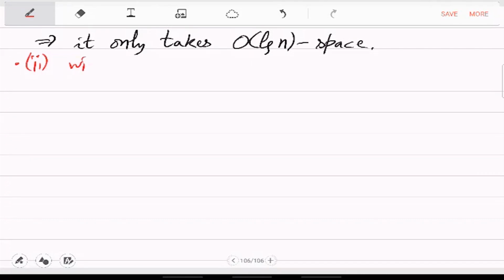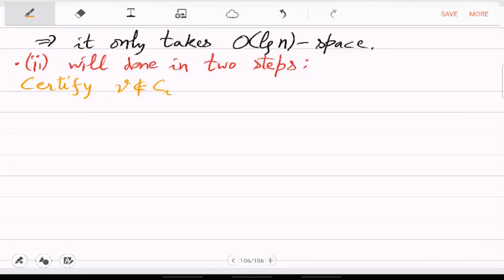So 2 will be done in 2 steps. First what will be done is certify that V is not in Ci given the size of Ci minus 1.